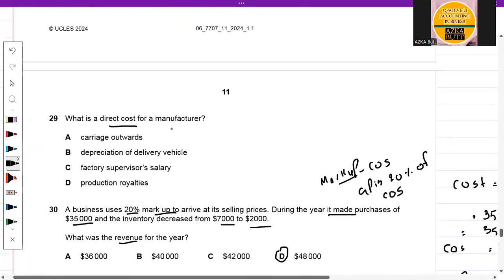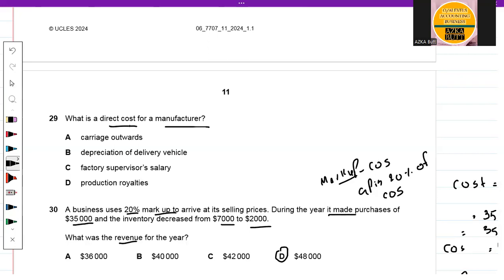So what is the direct cost for a manufacturer? This is very easy if you know the basic format of the manufacturing account. Direct cost means that direct labor is also a part of direct cost. We can easily trace this cost and spread it over the number of units produced by the manufacturer.